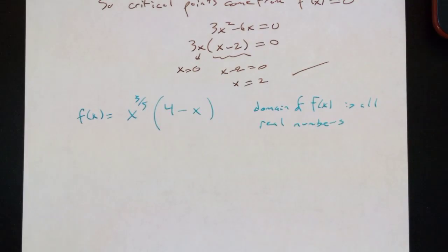If I want critical values, I need a derivative. And I need to look at where that derivative is either 0 or undefined. That's how I find critical numbers. So take a derivative for me.